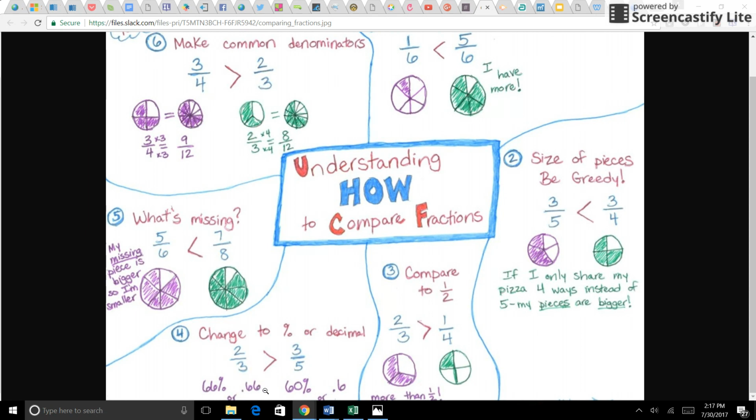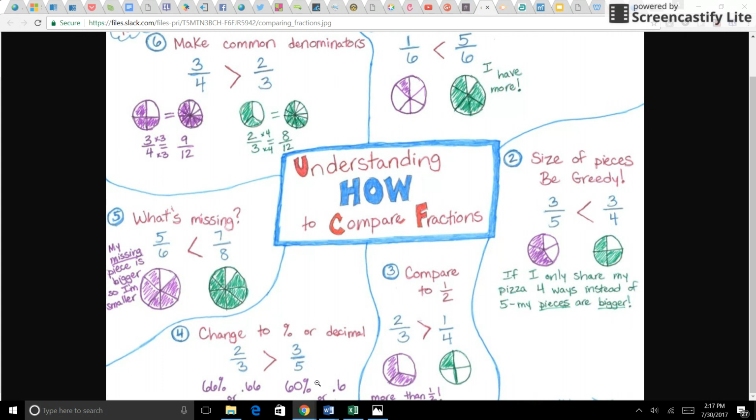I can think about having 66 hundredths out of one whole, or I can think about it as 66% out of 100%. So if I start to recognize that 2/3 is equal to 66%, I have that value in my head and it makes it pretty easy to compare. It's much easier when you're comparing whole numbers than when you're comparing fractions.